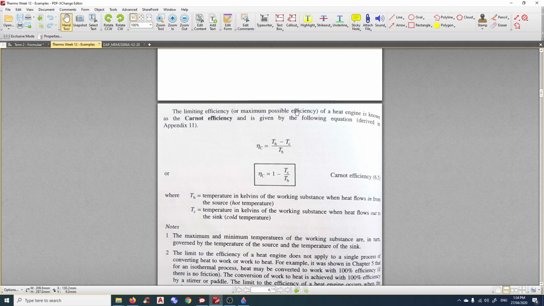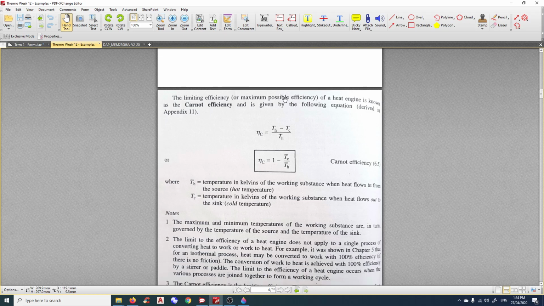Now, we also have what we call the limiting efficiency. The limiting efficiency is basically the maximum efficiency that, theoretically, you can achieve with such a machine.